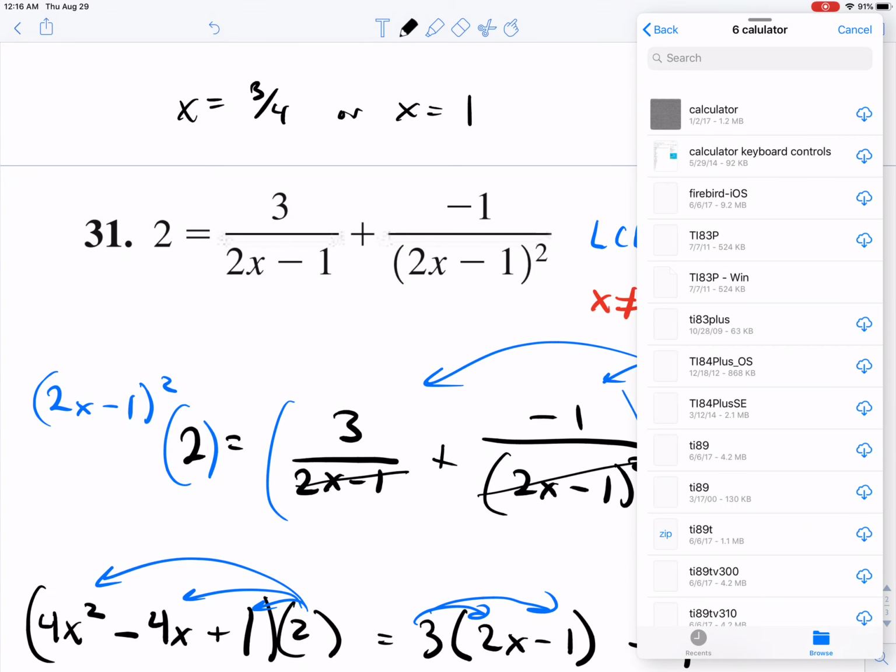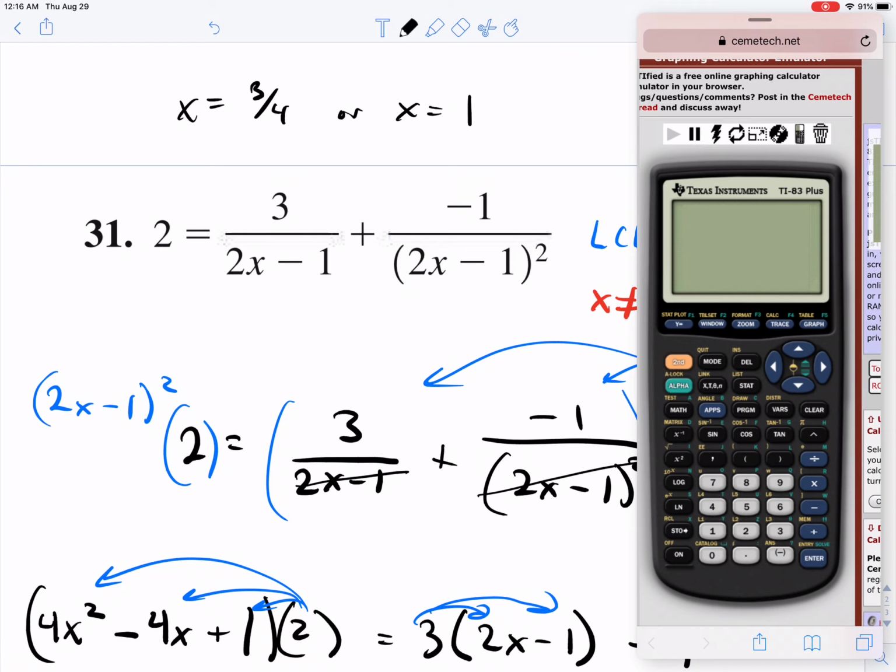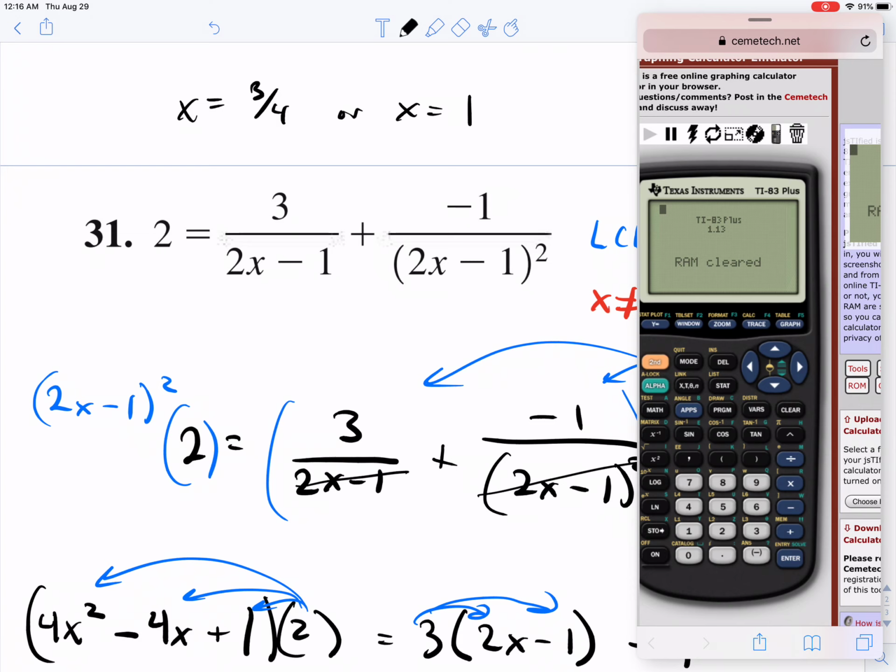Hopefully it'll load. I think that's the right one. Okay. So it looks like we're back in business.